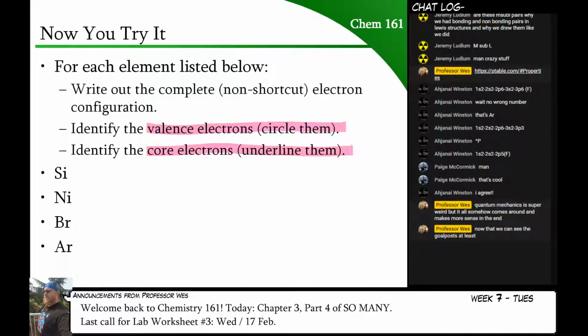Use my definition. So all your transition metals, you're going to find out, they all have 2 valence electrons. That's sort of the gimmick of transition metals, which will be interesting later on. Okay, so write out these electron configurations and do these tasks. Circle the valence electrons, underline the core electrons. And we'll get back to you in just a bit.